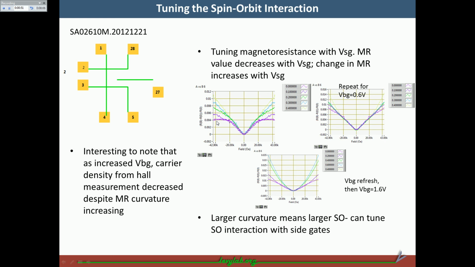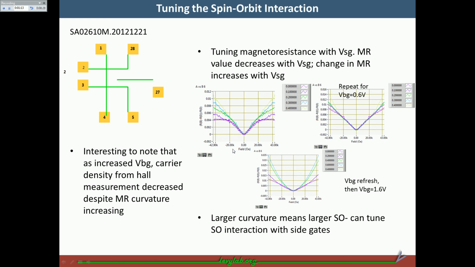You need to say weak anti-localization. So from this, we can see that the larger curvature means we're tuning to a larger spin-orbit coupling as we increase the side gates.